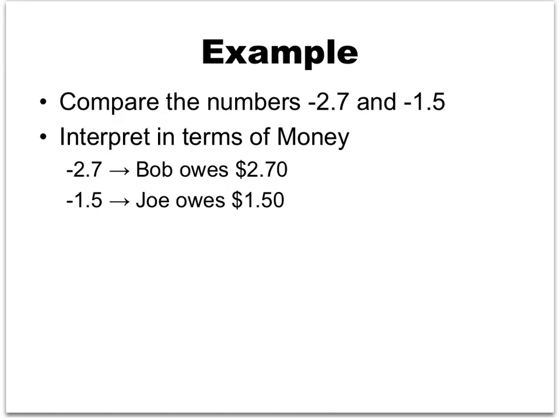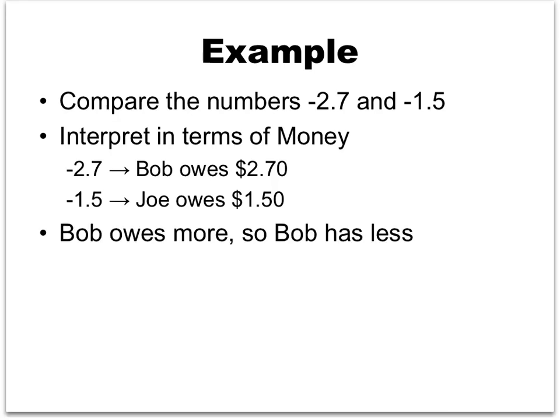Let's interpret these numbers in terms of money as we did in our last section. In terms of money, the number negative 2.7 means that someone, call him Bob, owes $2.70. The number negative 1.5 means that somebody, call him Joe, owes $1.50.